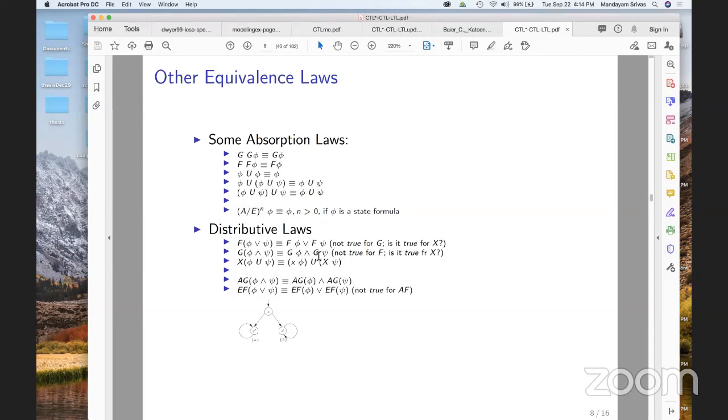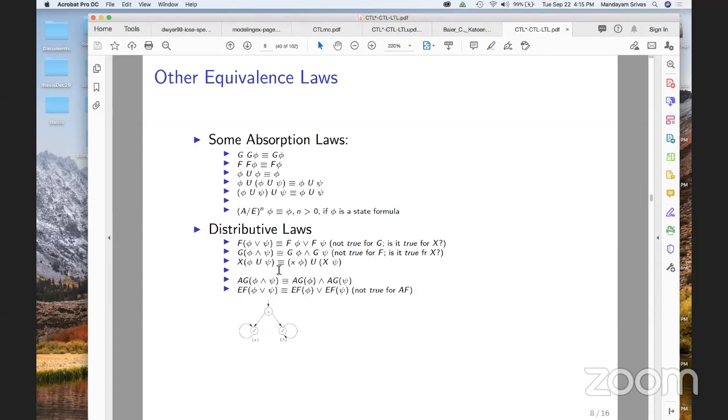Actually, I'm sorry, this is true for G, and not true for F. It is true for G because it requires phi to be continuously true and psi to be continuously true, therefore phi and psi will be continuously true. And X, as you will see, also distributes over U.